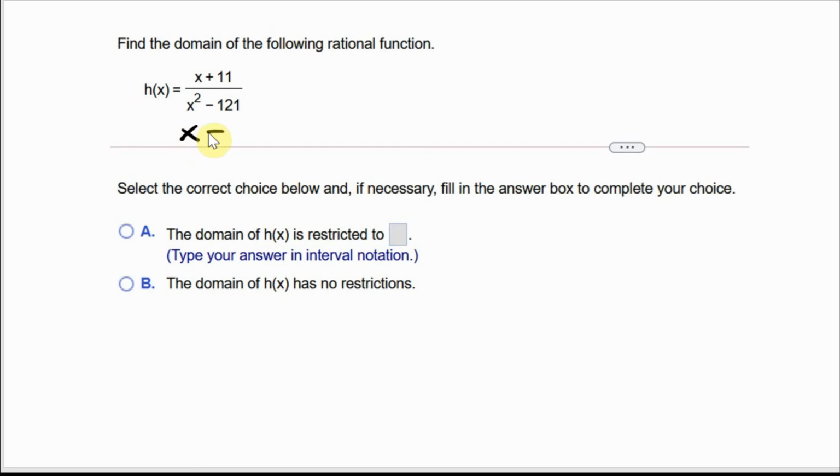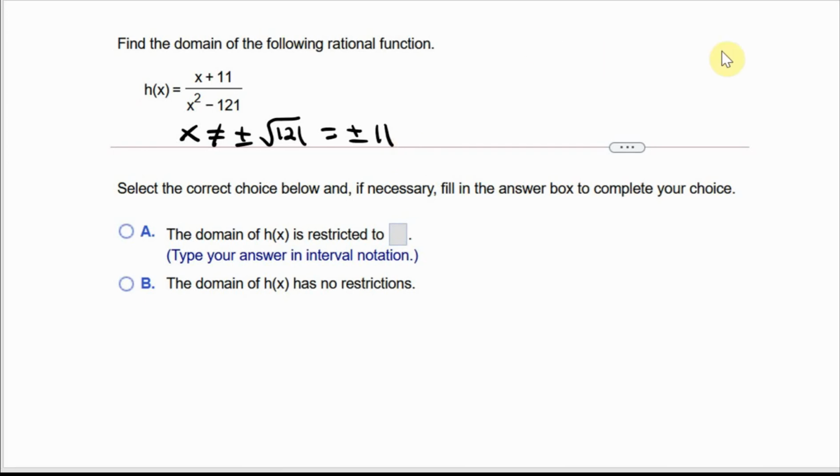Here, notice that x cannot equal plus or minus the square root of 121. Here we get plus or minus 11. Right? Those numbers would make our denominator 0.